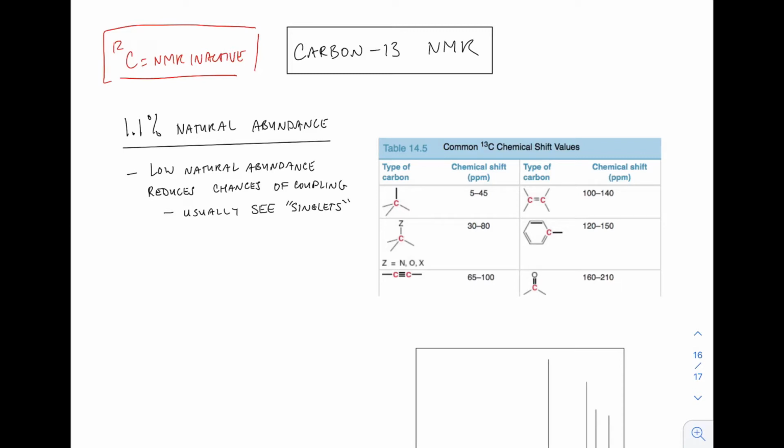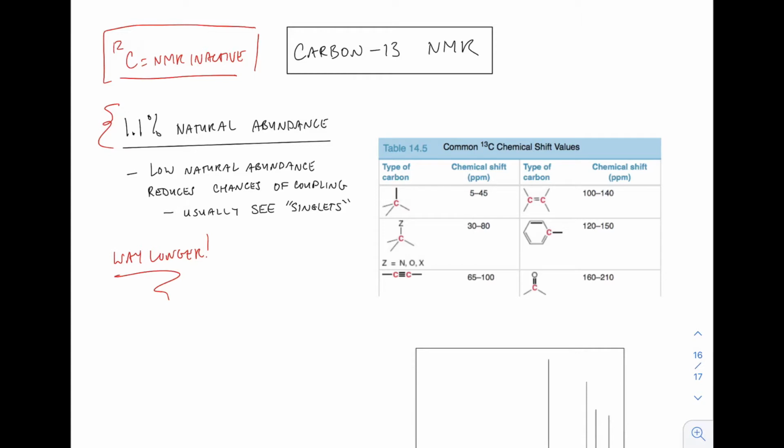And unfortunately, carbon 13's natural abundance is only 1.1%. What that means is that we will have to make a very concentrated sample in order to observe a carbon NMR of an organic substance, and they take way longer than proton NMR.